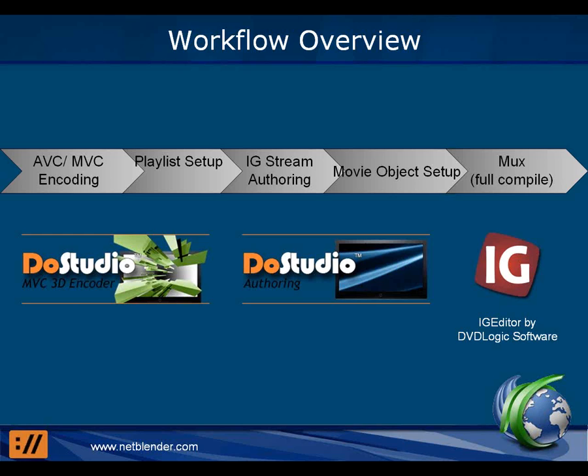Your assets are then brought into the Dostudio playlist tree, and we'll go through the steps of that in just a moment. And then all of your IG streams are created with the IG editor as a separate plugin that launches as a separate executable.